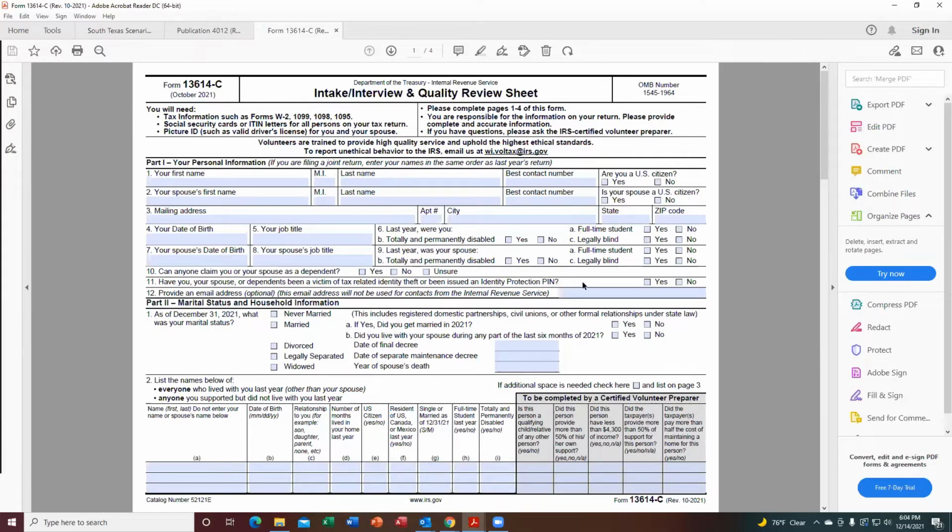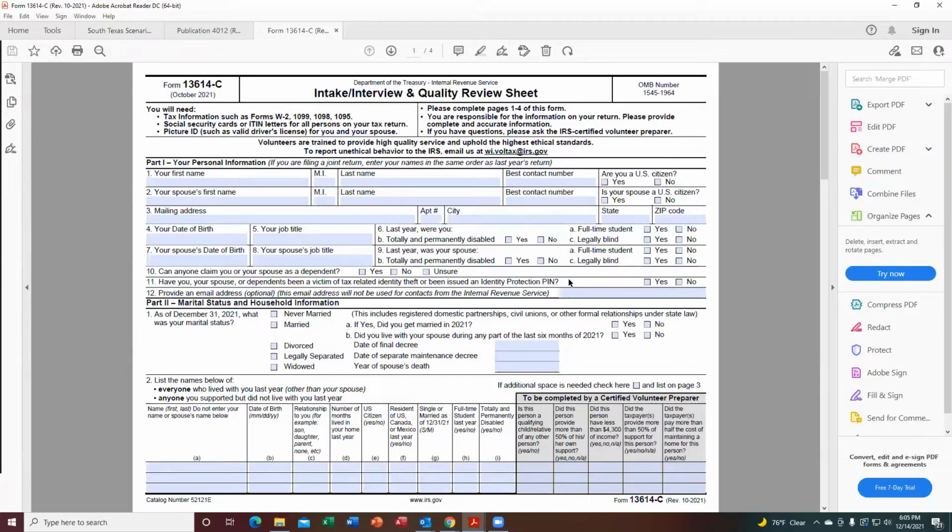Number 11, identification PIN. In case they've been victims of identity theft, we need a letter. The letter has to be currently dated, whether it be December of 2021 or January of 2022.